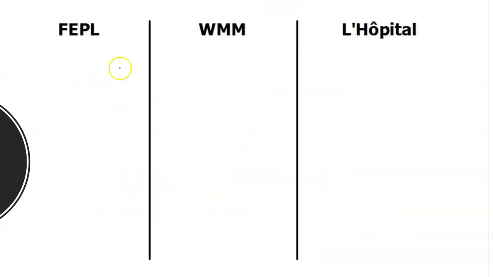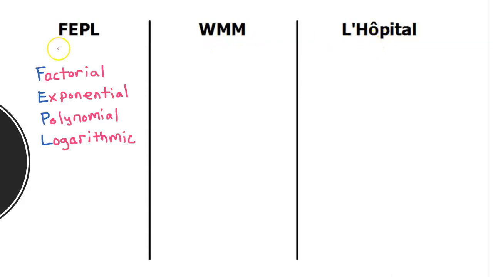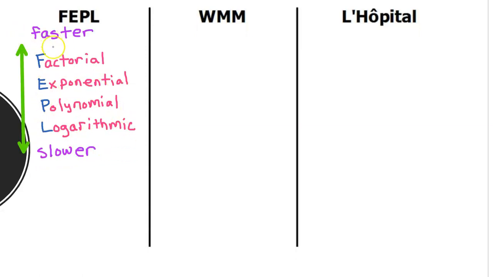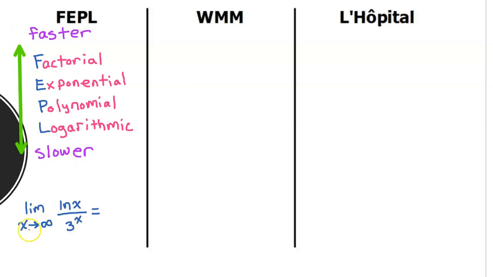It looks like we're going to be finding a lot of limits in this unit, so this is probably a good time to review some of the most common strategies that we've learned. FEPL is an acronym that stands for factorial, exponential, polynomial, and logarithmic. It ranks the various types of expressions from faster growing to slower growing as x approaches infinity. For example, consider the limit as x approaches infinity of natural log x over 3 to the x.